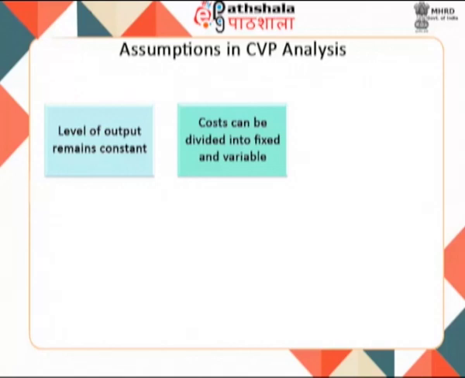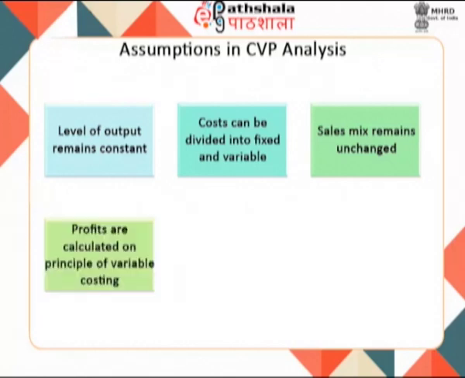Number 3, it is assumed that the sales mix remains unchanged, implying that either the firm is producing a single product or the product mix remains constant. Number 4, profits are calculated on the principle of variable costing, wherein fixed costs incurred during the period are treated as period cost and hence charged to the sales of that period only.